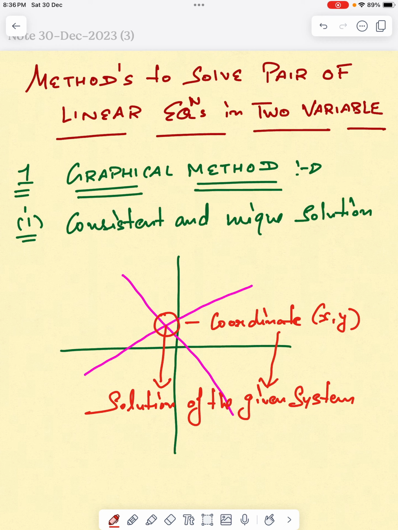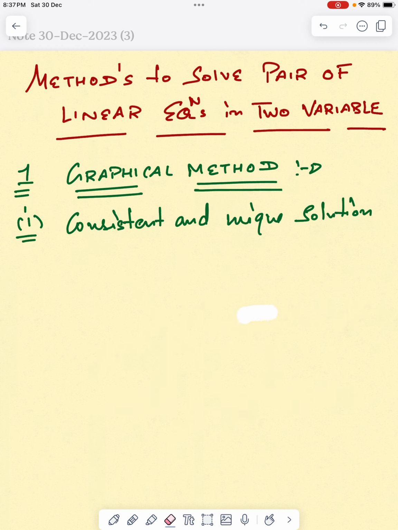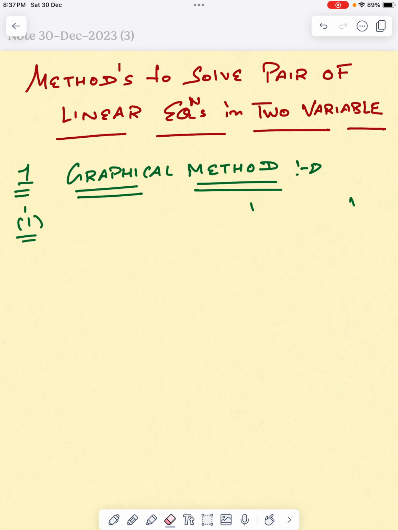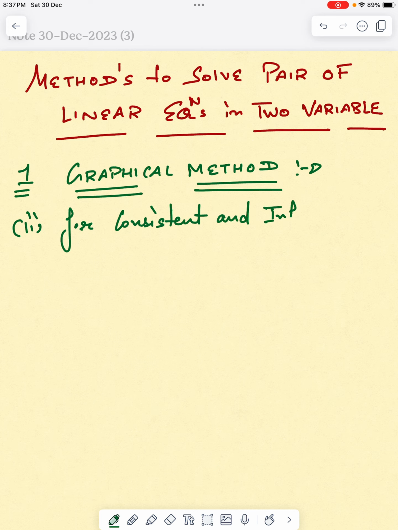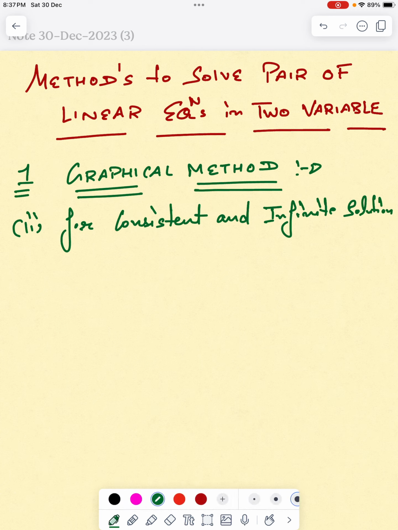This is the first kind of graph you may get from any given problem, and the second one is for a consistent system with infinite solutions. For that, what kind of graph will you get?